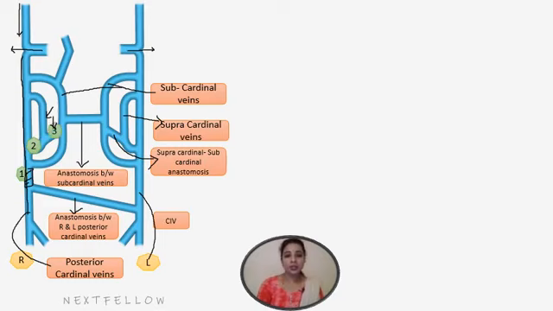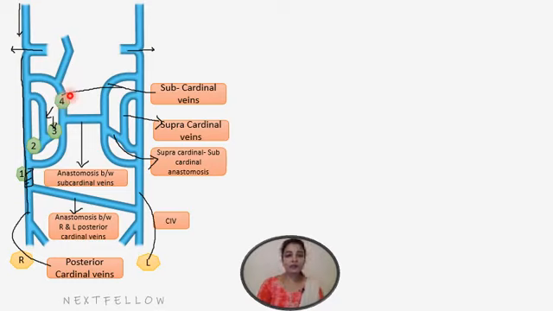The third part is the anastomosis between the supracardinal and subcardinal veins. This is the third part. The fourth part is the right subcardinal vein, renal segment. This is the right subcardinal vein, and this segment is the renal segment.